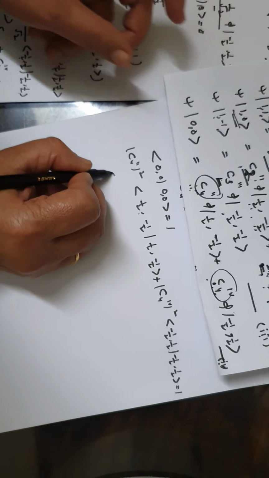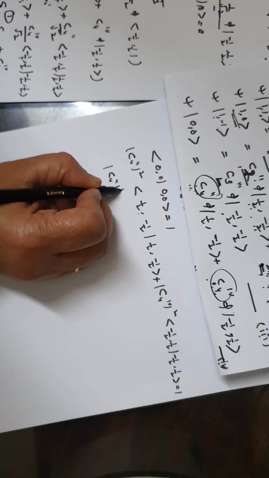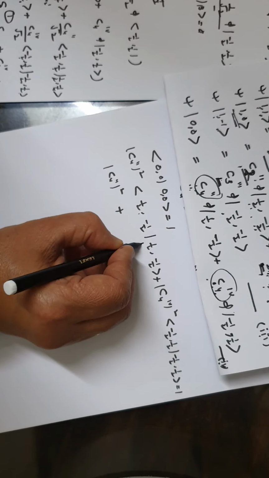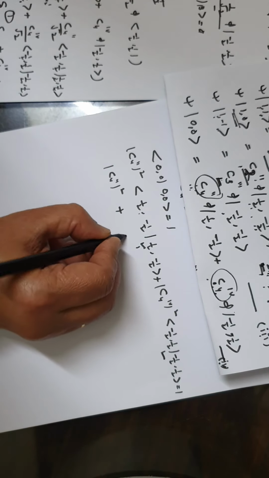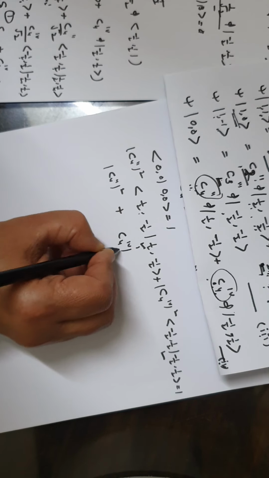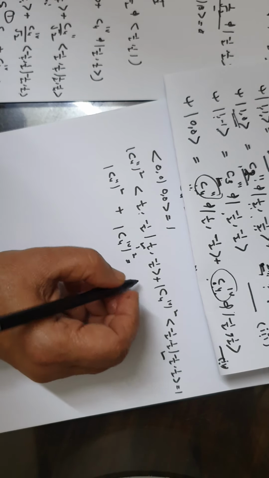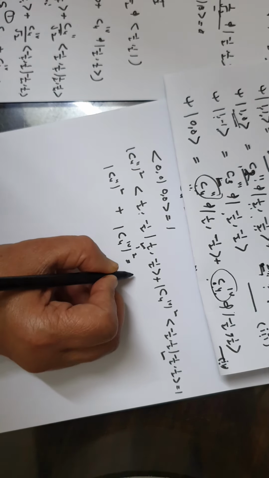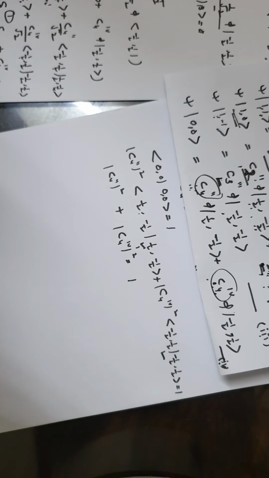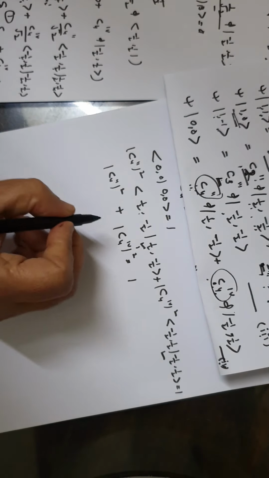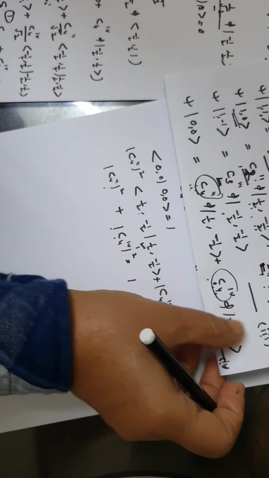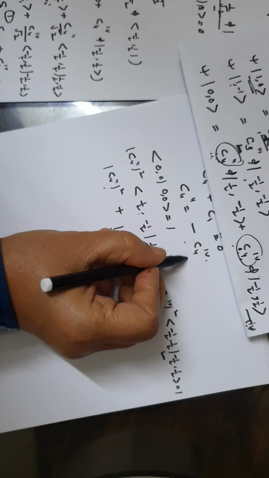So from here we get C4 double dash square plus this is 1, this is 1, C4 4 times this modulus square, will be equal to 1. We know that they are equal with the opposite sign, as we have just calculated.